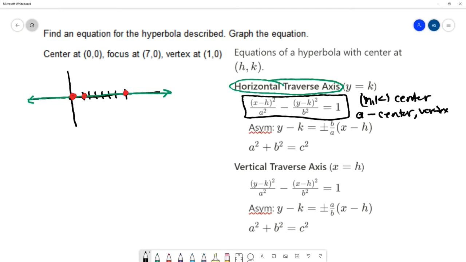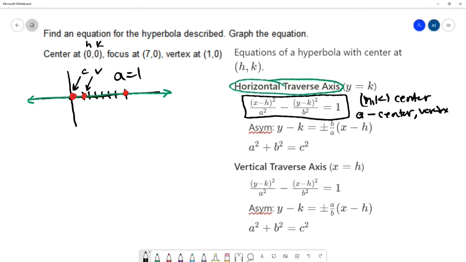I was given the center, so I know that is h, k, and the distance between the center and the vertex is 1 unit, so I know that a is equal to 1.